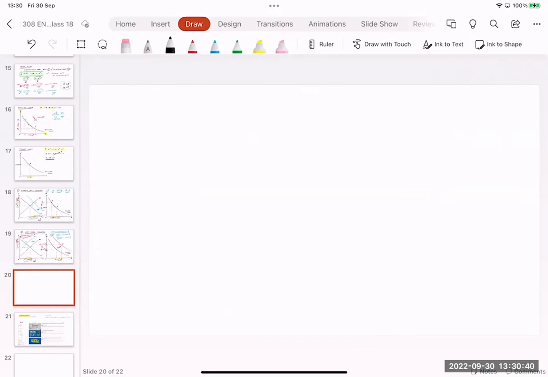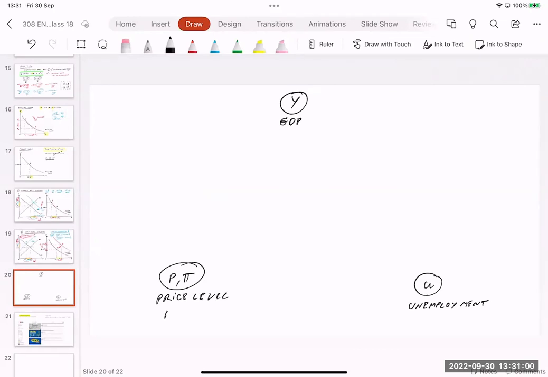As you can see, we have three main, very important variables. We have Y, which stands for GDP. We have U, which stands for unemployment, right? And we have P and pi, which stand for price level and inflation. These three variables are very important for macroeconomics.